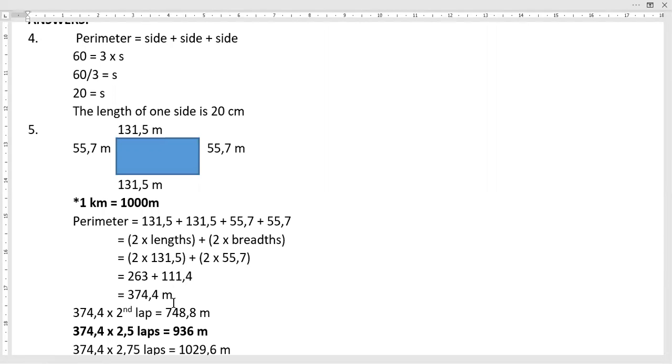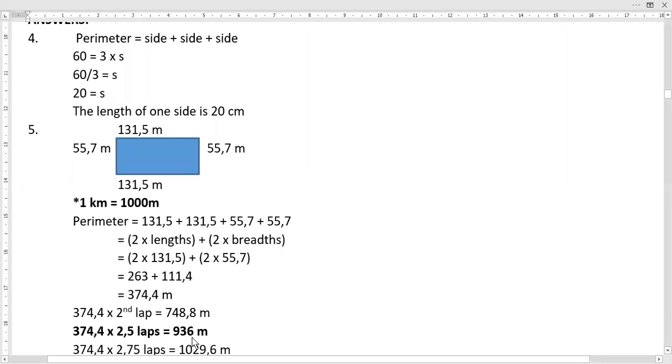But the thing is, you won't necessarily have the calculator in your test. So you might get some answer that is close enough, but not as close as you might want it to be. So if you look here, 374 times 2.5 laps, that means it's 936.